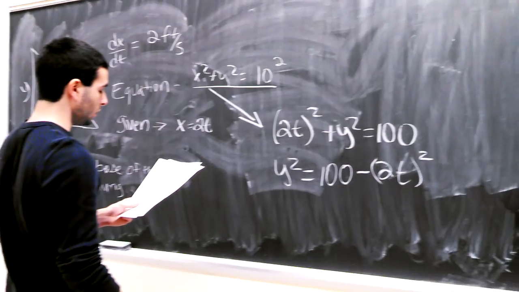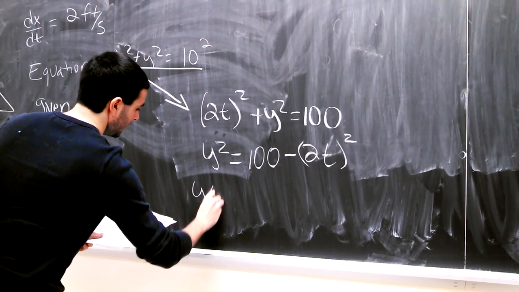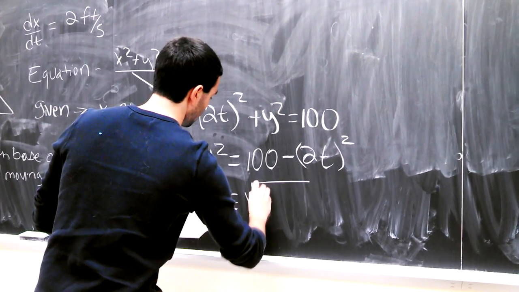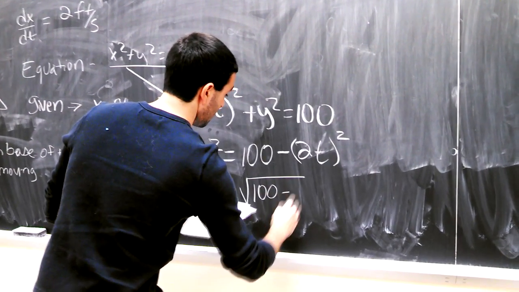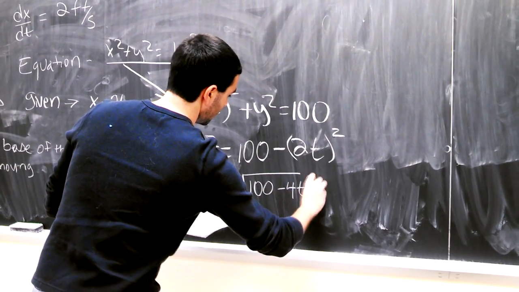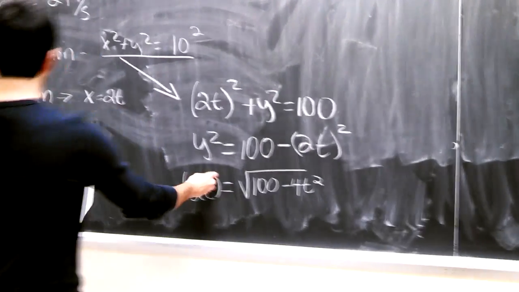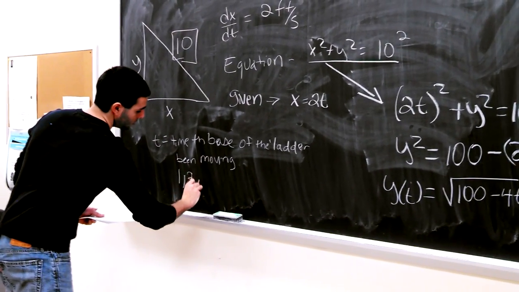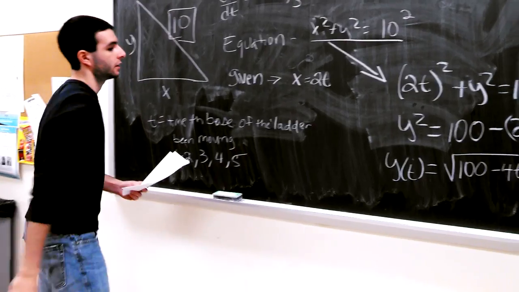Now, y is also a function of time t, so y at time t is equal to radical 100 minus 4t squared. Now, to find it, we also have to plug in 1, 2, 3, 4, and 5.